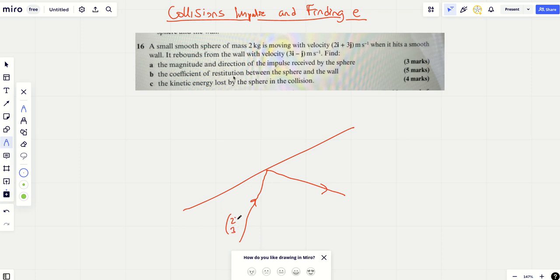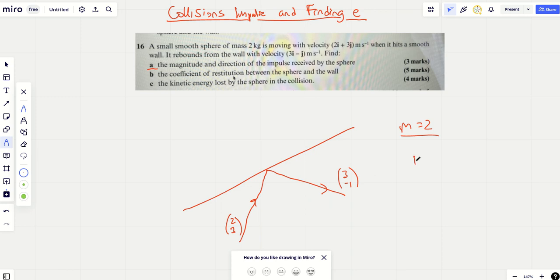And we don't really know the orientation of the wall. That's the problem. Now, there's lots of ways you can handle this, and the question actually tells you how to handle it in many ways, because it says find the impulse first, and that's because the direction of the impulse is what's going to tell us how we can find e.